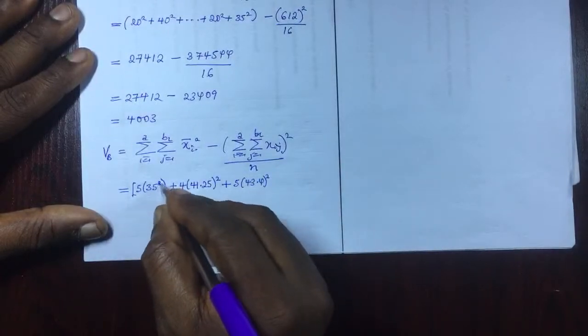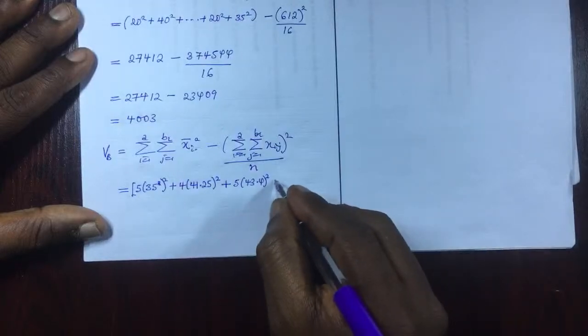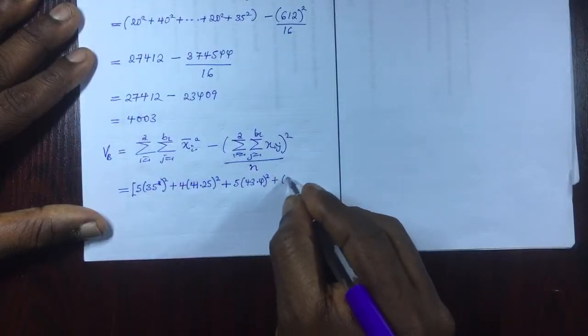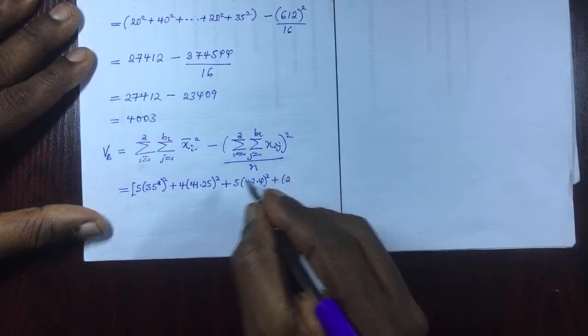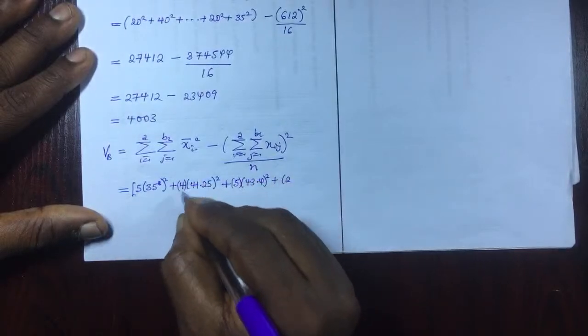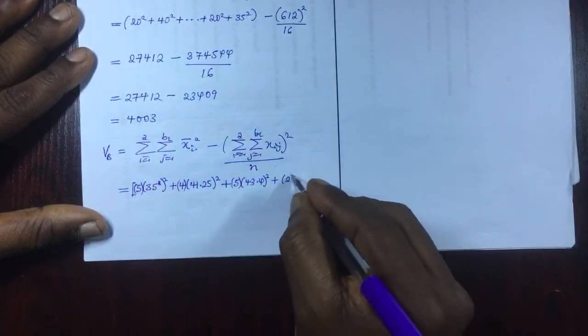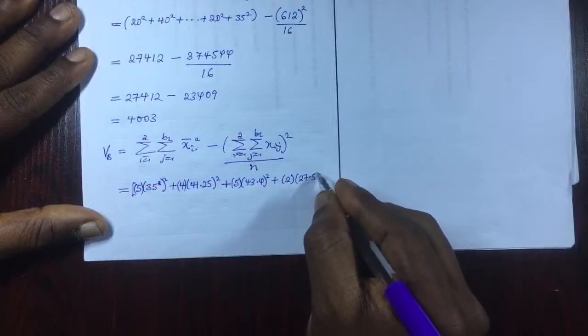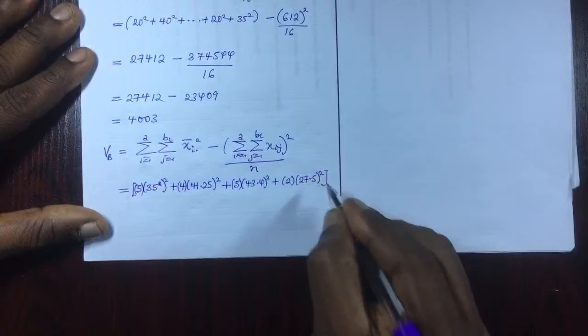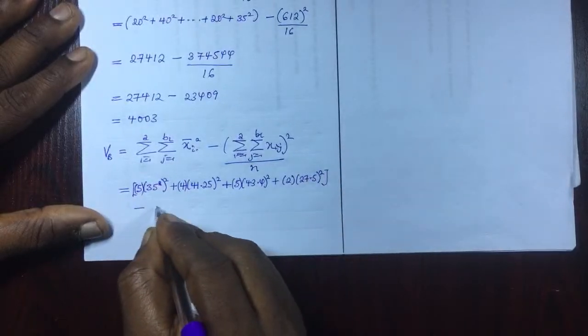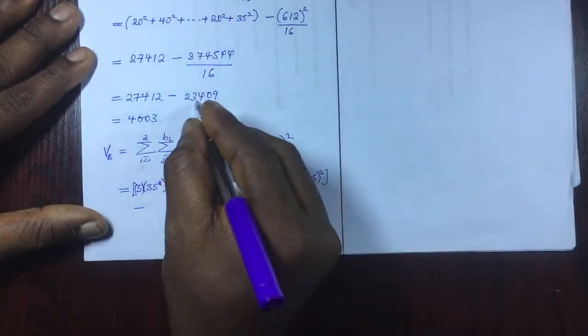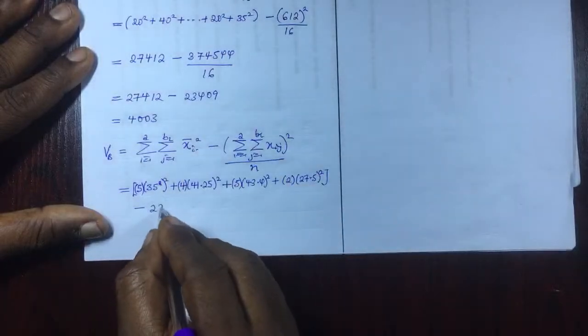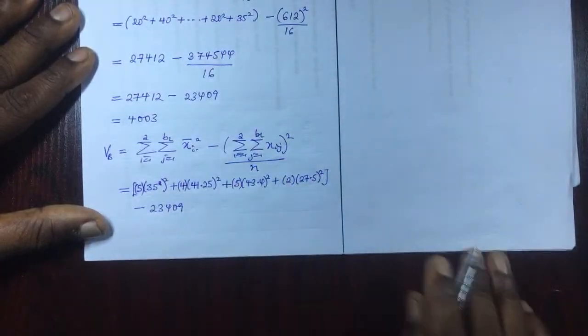Okay, you could bring this squared here, it won't do any harm. So then the last will be 2, for consistency's sake, 2 times the mean of the last treatment, 27.5 all squared, minus the value we got earlier on, 23409, for our correction factor. So that's what you are going to do.